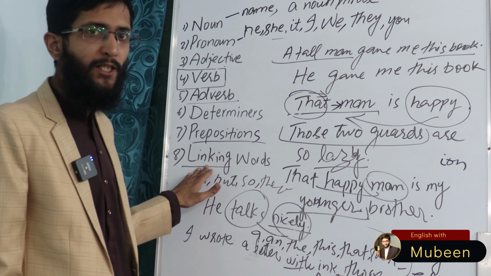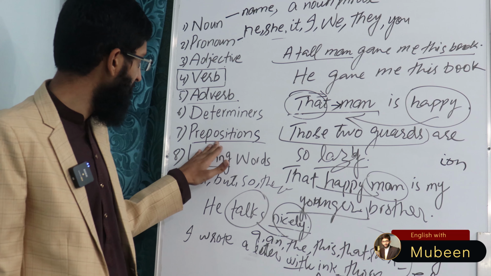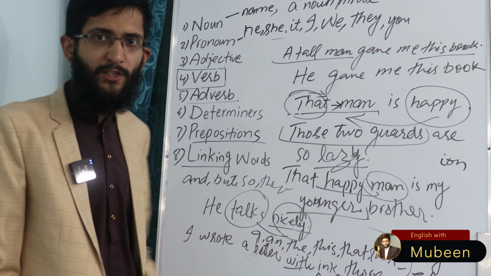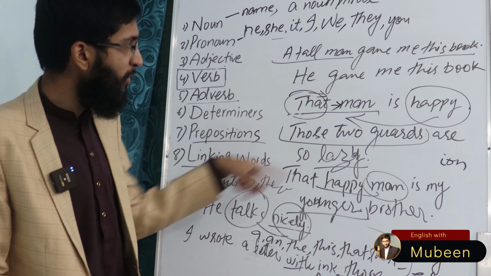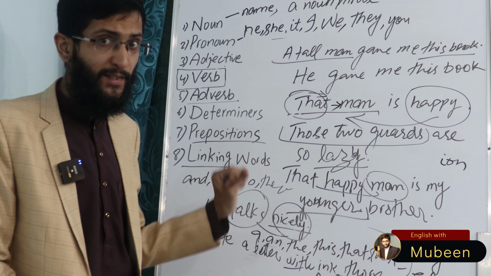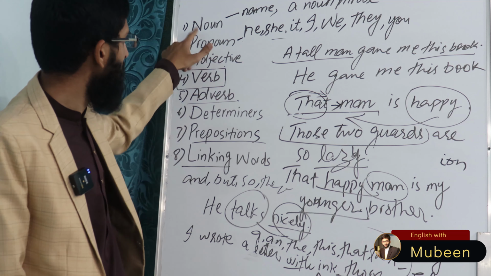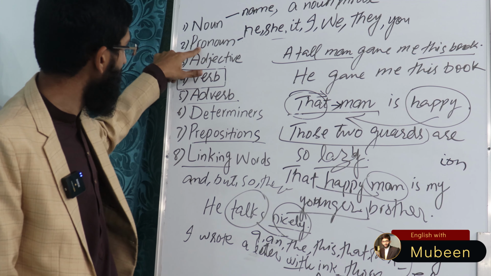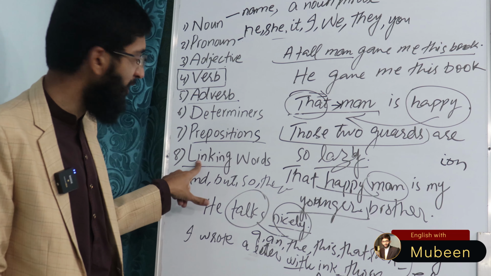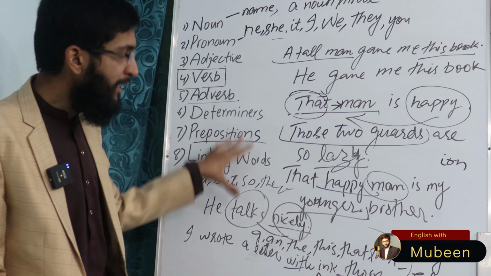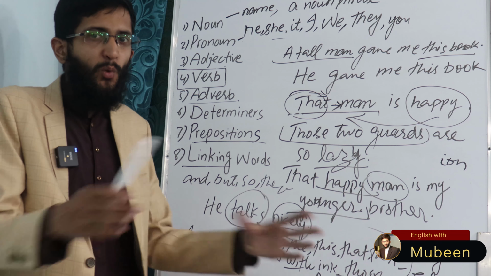You can find a list of linking words and a list of prepositions, which I will of course give you in the coming lectures step by step. Honestly speaking, this whole topic should be covered in a month. In detail, I should teach you about nouns, pronouns, adjectives, verbs, adverbs, determiners, prepositions, linking words, step by step. But in this lecture, I'm just giving you a roadmap.